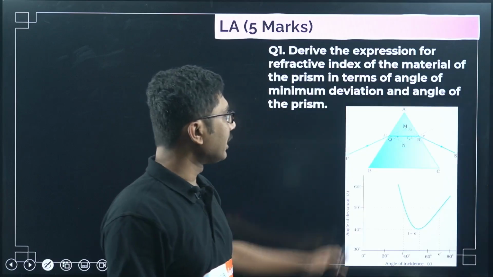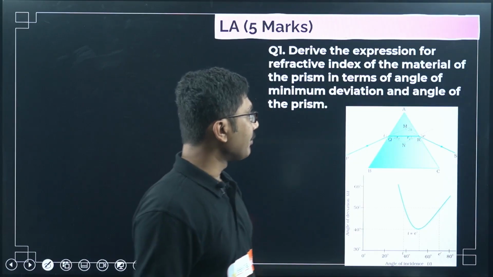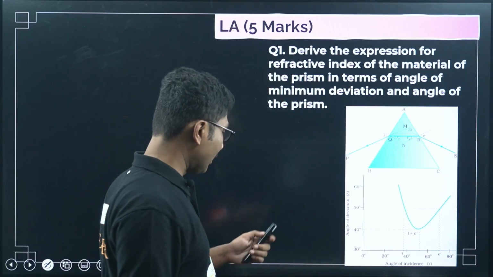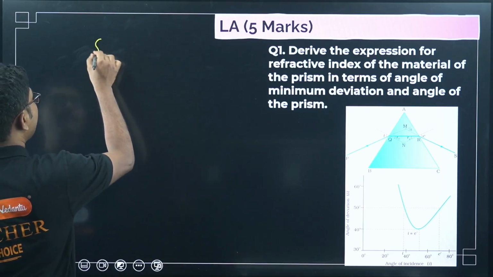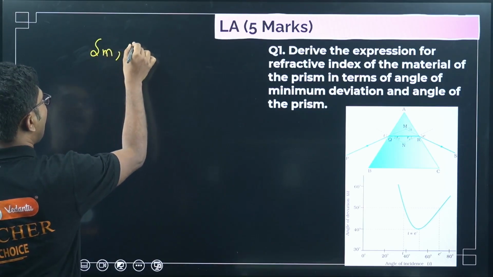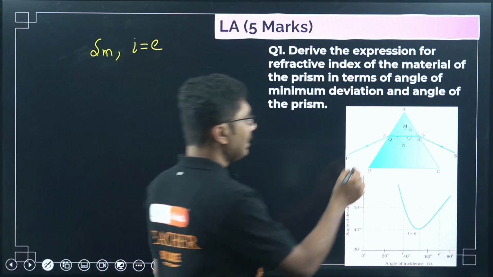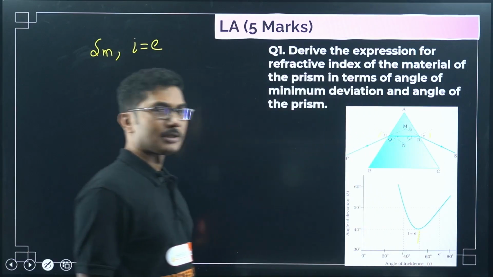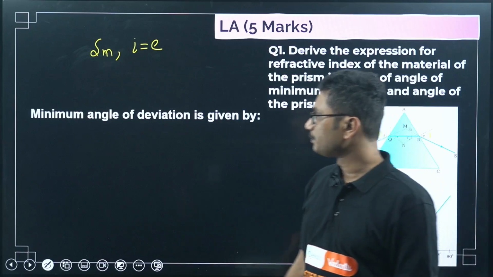First you have to draw the diagrams. These two diagrams are important, and then you have to explain that for minimum angle of deviation, delta m, I must be equal to E. So this angle must be equal to this angle, from this graph, I must be equal to E, and then you have to write this formula.